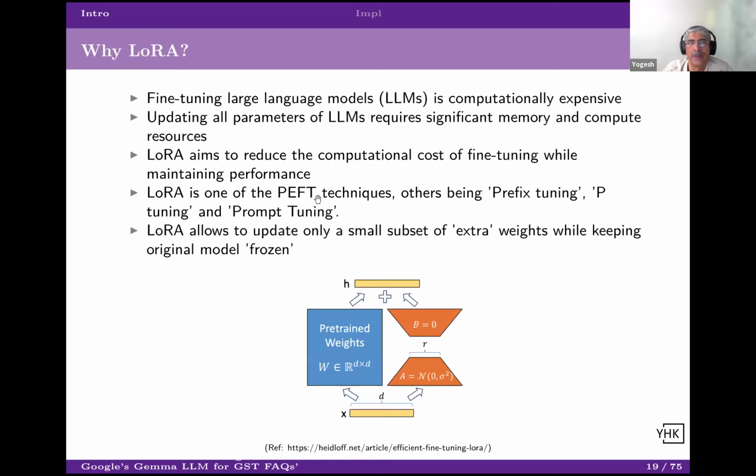So this is the example. Why LoRA? Because we want to have less computational cost and we have small data also, right? So that's the idea. LoRA aims to reduce computational cost. We'll see one more elaborate example, so that everything will be very clear. LoRA is one of the PEFT techniques, as we saw. And there are multiple techniques available.